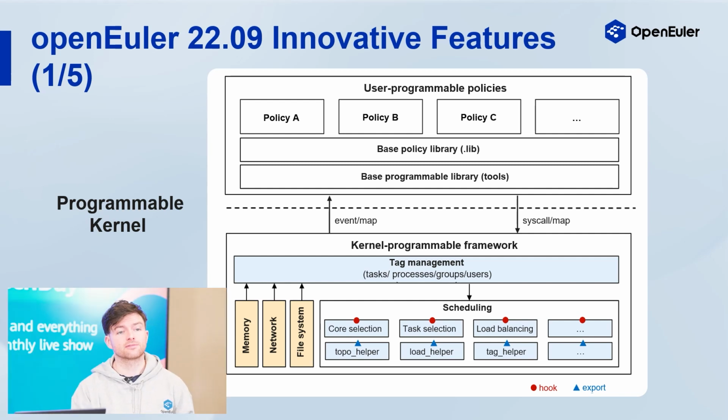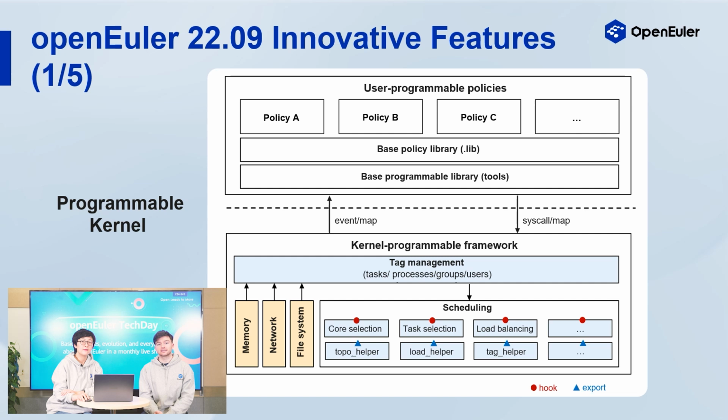Specifically, this framework features the tag management mechanism. The capability of tagging tasks and task groups is now open. Users and kernel subsystems can call the API to tag specific workloads so that the scheduler can detect tasks of specific workloads by tag.